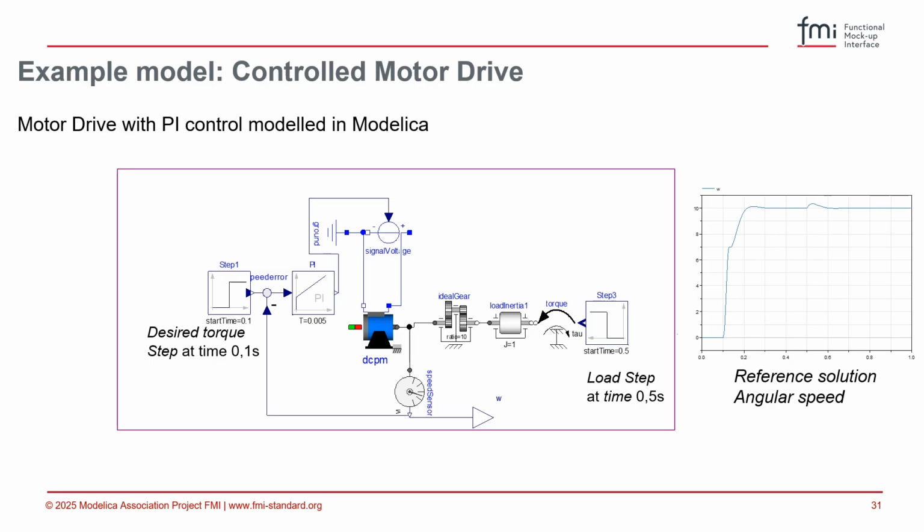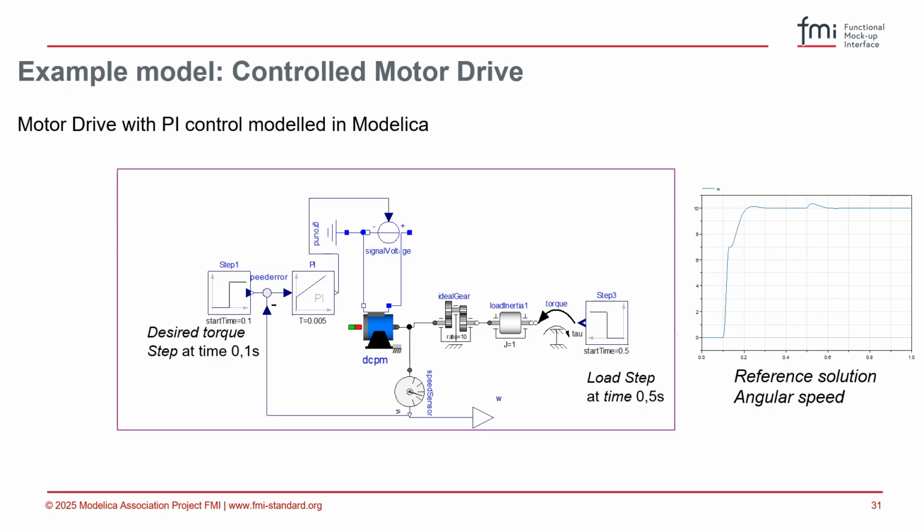Here's the resulting angular velocity of this electrical machine. There's some dynamics until this 10 radians per second is reached. And here we have a little jump at time 0.5 where the load torque jumps.